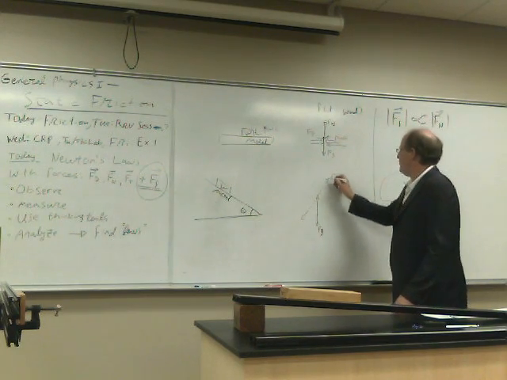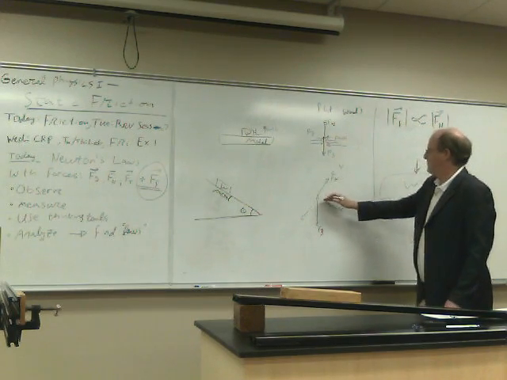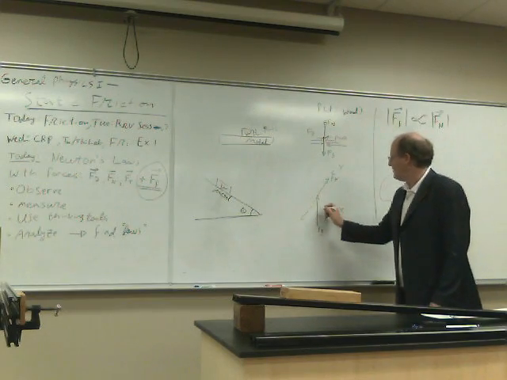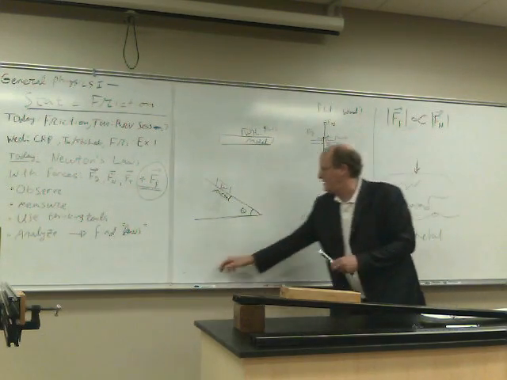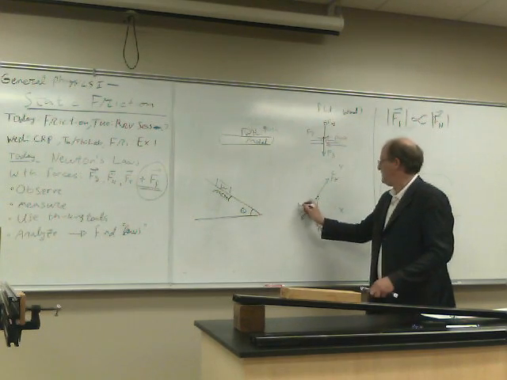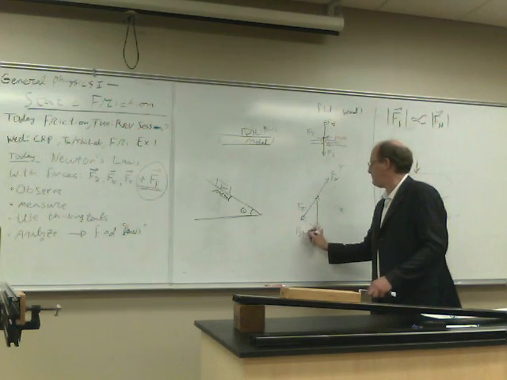And if you recall, when we did slanted coordinates, because of the slanted track, this was x, this was y, so you could break gravity into two components, Fgy and Fgx.